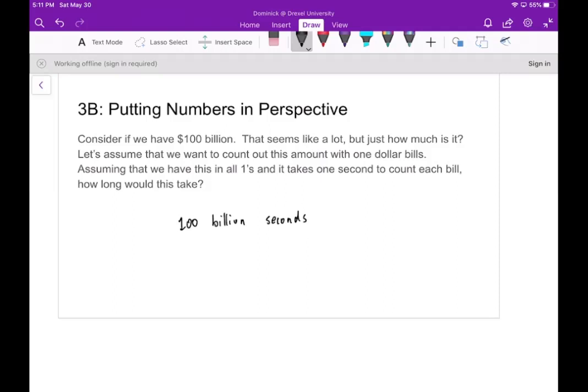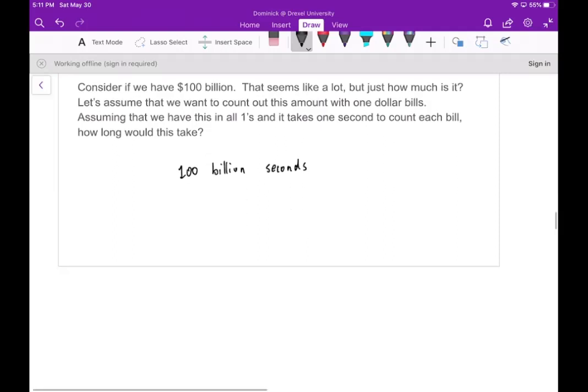Right? So one way that we could sort of handle this problem is if we have 100 billion, right? Well, then we can say if this is in seconds, how do I go from seconds to minutes? Well, we could say that this is 60 seconds in 1 minute.